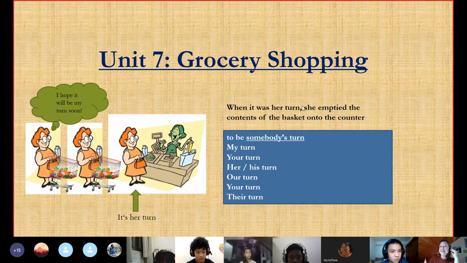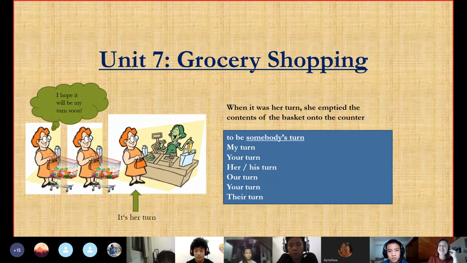Can you maybe explain to us? When did you take turns? To buy food. Okay, so did you also have to stand in line? Yes. Okay, and so you had to wait until it was your turn to pay. Very good. So taking turns is something that we have to do in many, many situations or places.